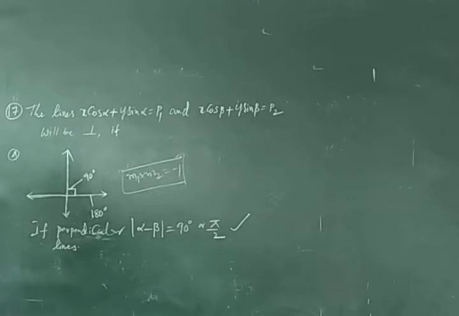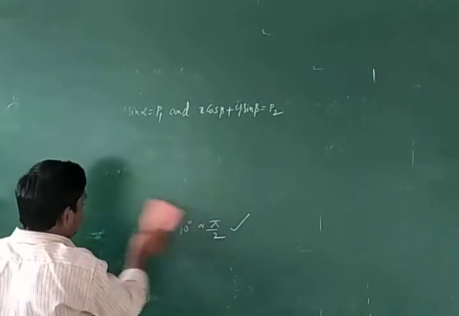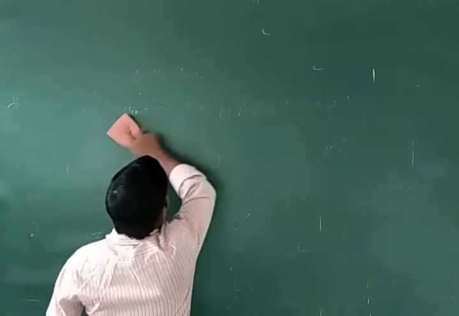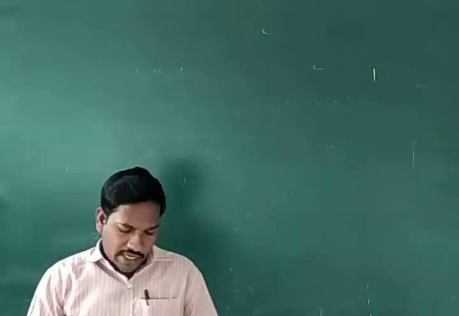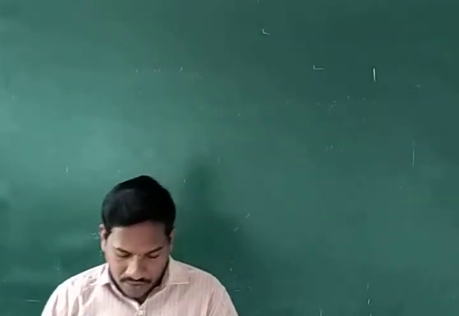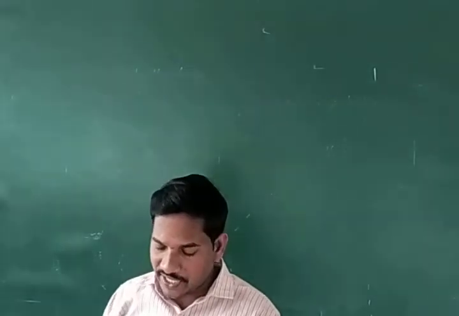Okay, now the next problem, the 18th. A line is drawn through P (3,4) inclined at an angle of 135 degrees with the x-axis.